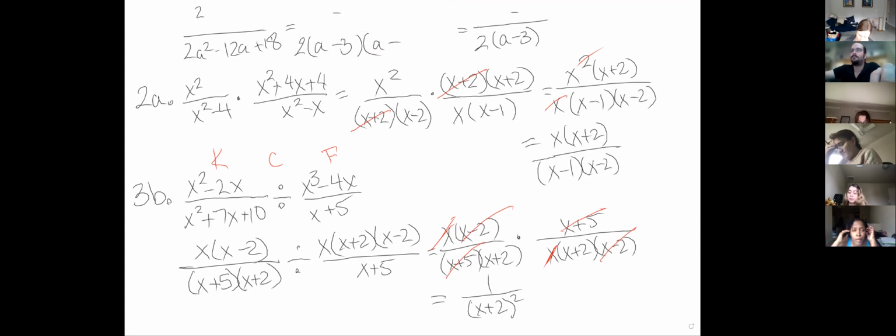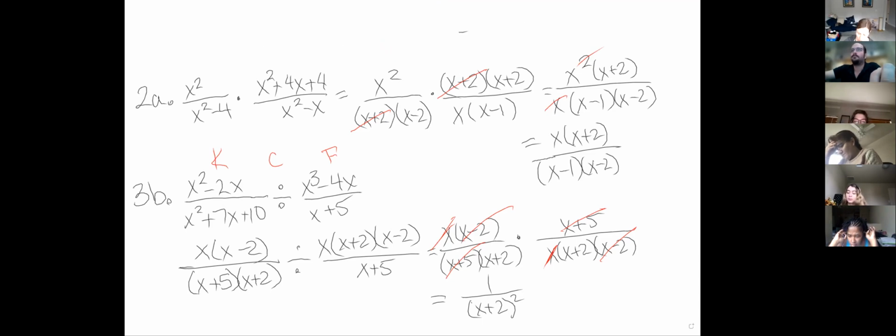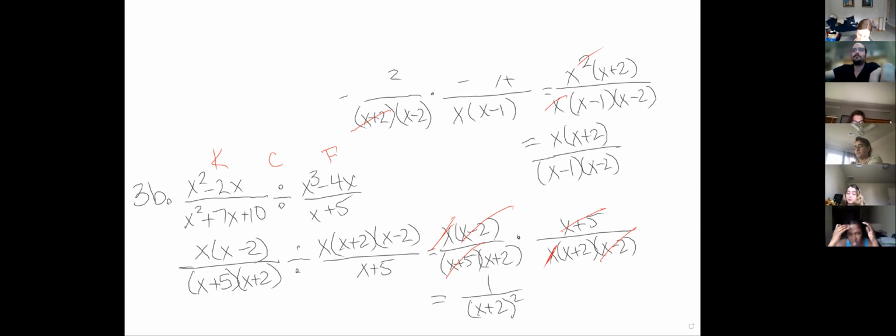Like you said, if we were graphing it, it would be holes. What do you mean? So we talked about it when we were first talking about asymptotes and all that. Anything that we cancel like that creates a hole in the graph. Oh, okay, gotcha. I was like, huh? What do they have to do with graphing? Okay, I see what you're saying.